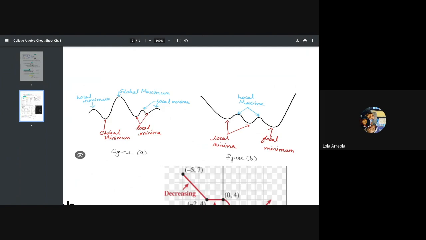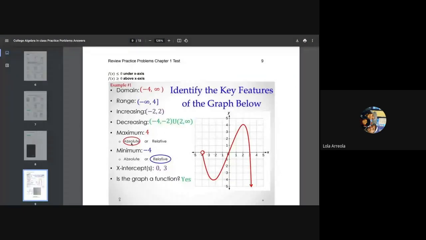Okay? So again, if I go back to the problem, the absolute, all right, this is the highest hill I see. And where is that hill at? Now, when I think of my absolute max and min, I'm going to think of the value. The value I'm going to write in terms of y. So what is my max value?